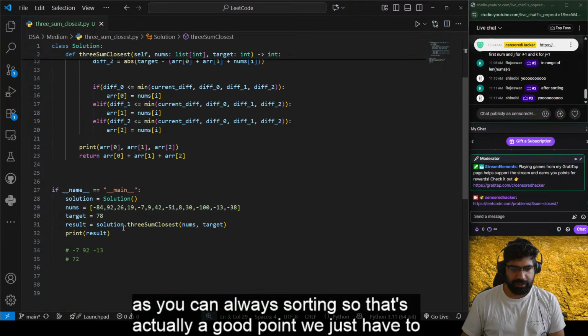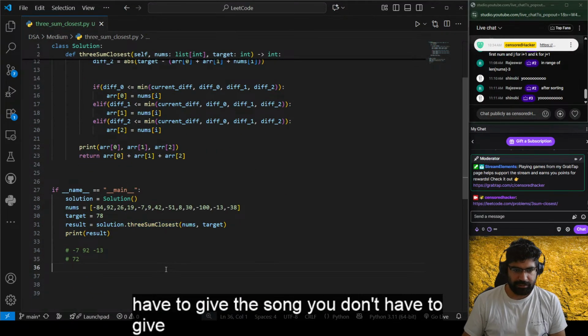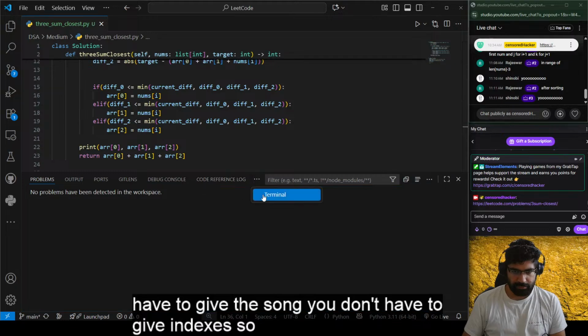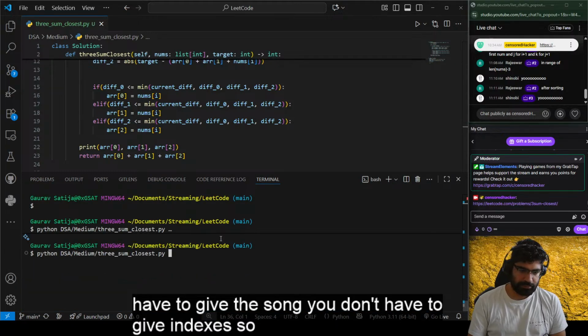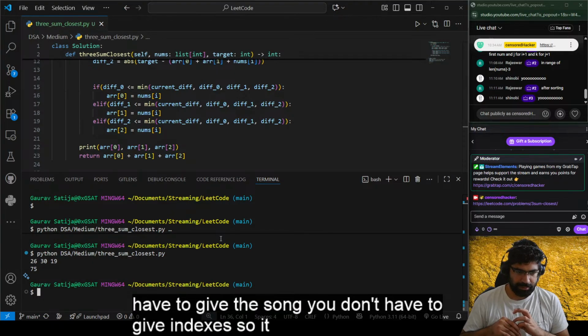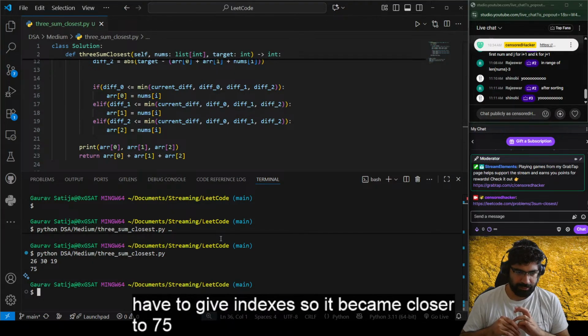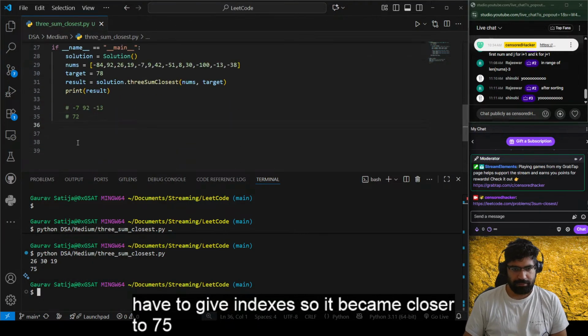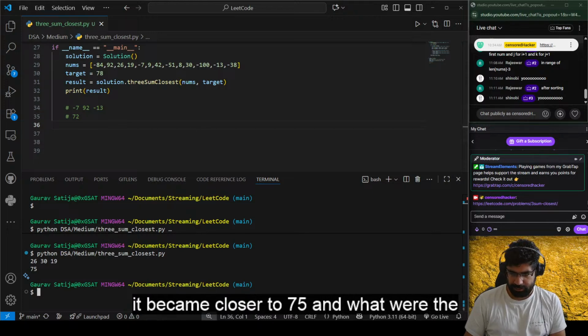We just have to give the sum. We don't have to give indexes, so it became closer to 75. And what were the right solutions?